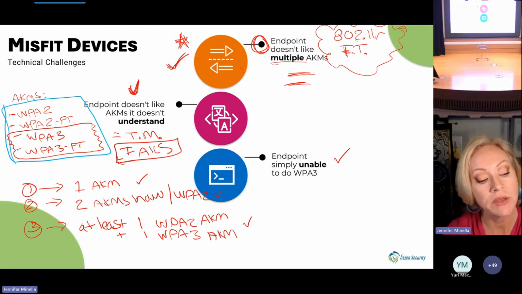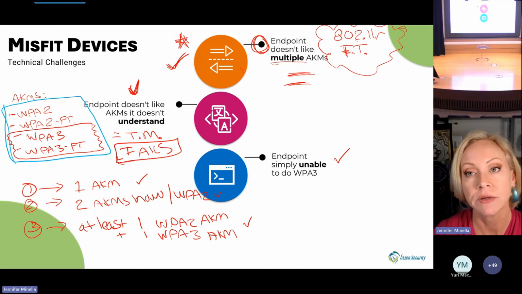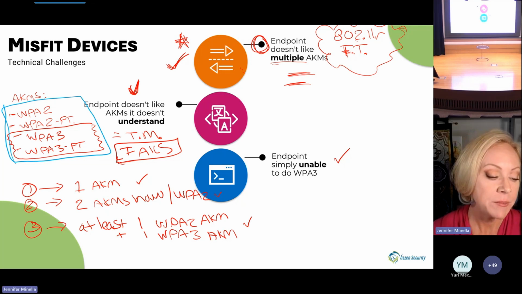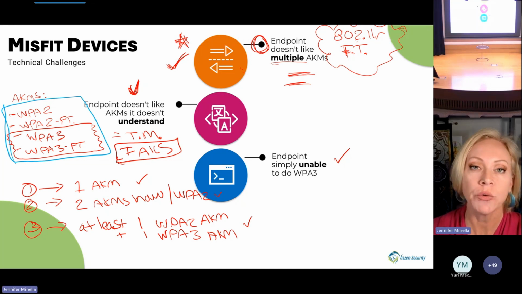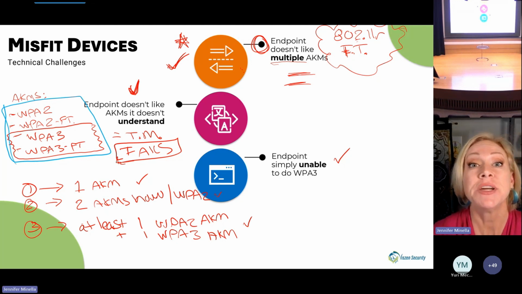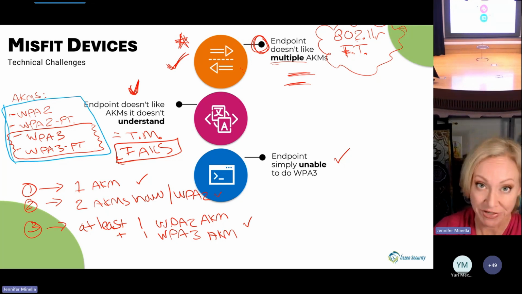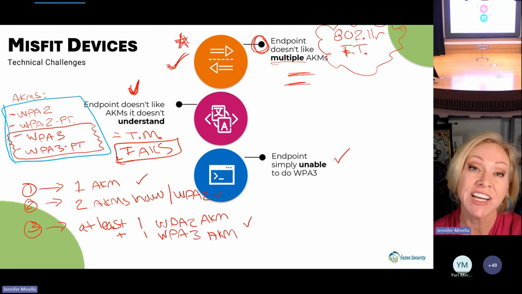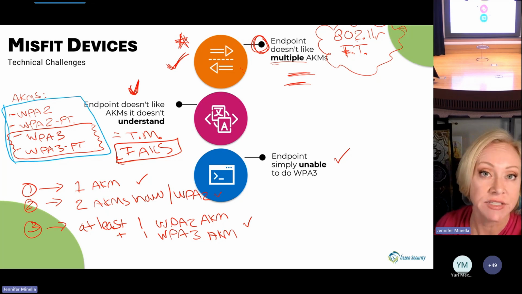And I see a WPA3 with FT roaming. If the endpoint doesn't understand the 3 and the fast transition mode for 3, it should just show up to it as an unknown language. Like me trying to read Portuguese, that is not going to happen, right? But if the first 2 are in English and Spanish, and I go, okay, well, I don't know what the rest of this stuff down here says.